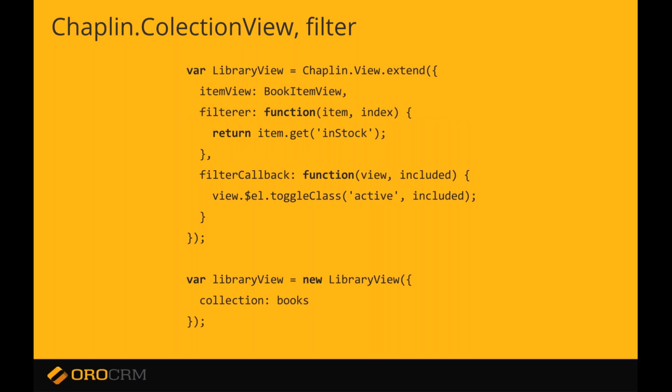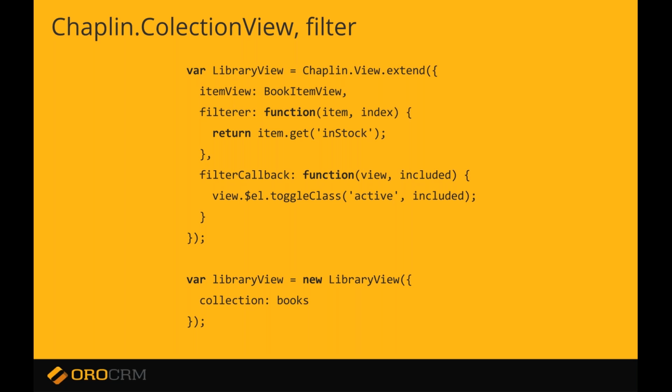The other useful thing in collection is filter callback. Let's extend our previous example with a bit more functionality. So we want to see, for example, all items, but those that is in stock, we want to see as highlighted. And those that is not in stock, we will see like in a gray shadow or something, or with opacity.